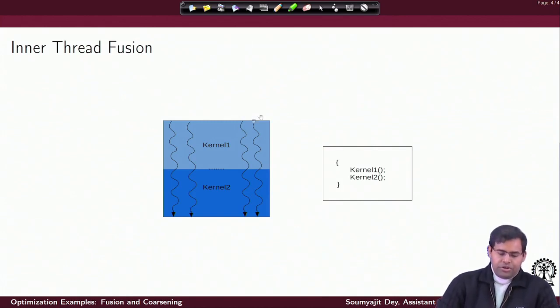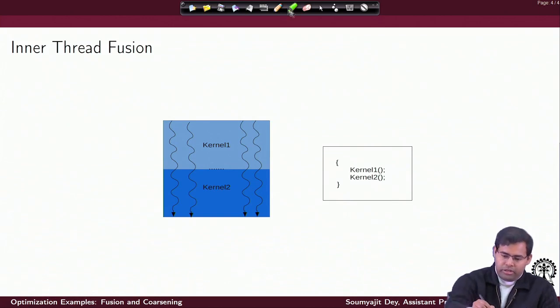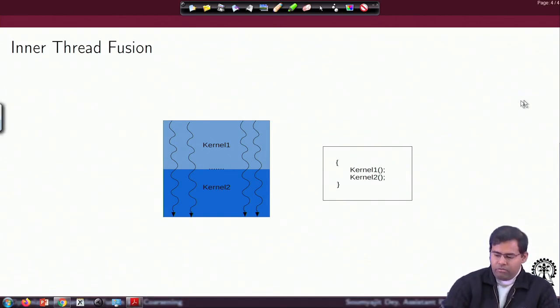When we speak about inner thread fusion, suppose I have kernel 1 executing on some data segments and computing some output, which is then passed to kernel 2. Consider a dependency graph where you have an input buffer.